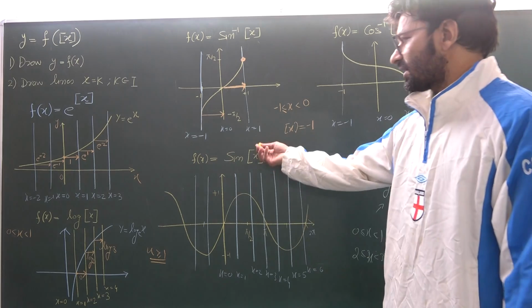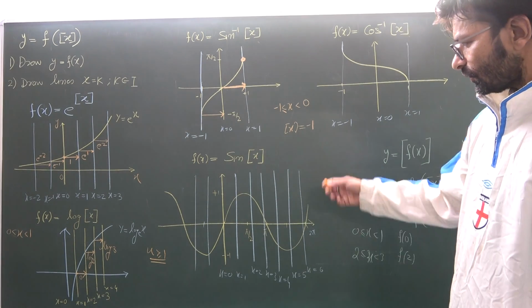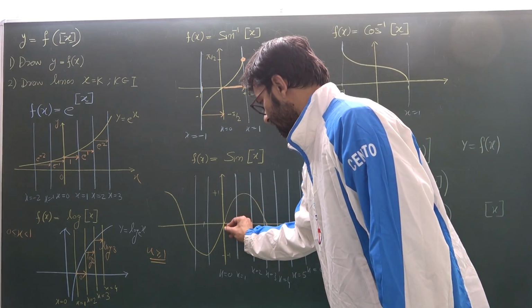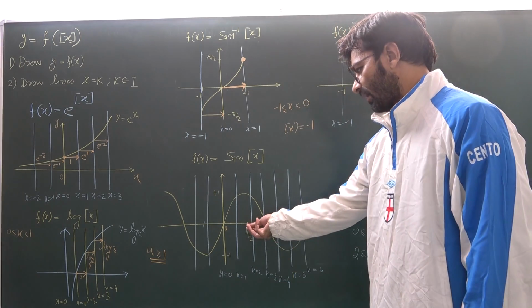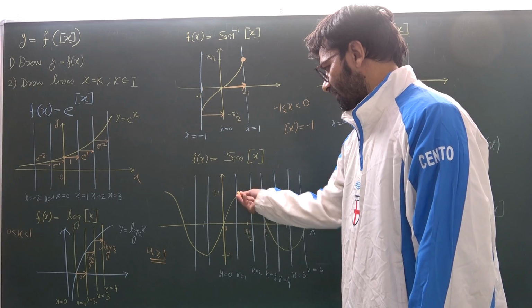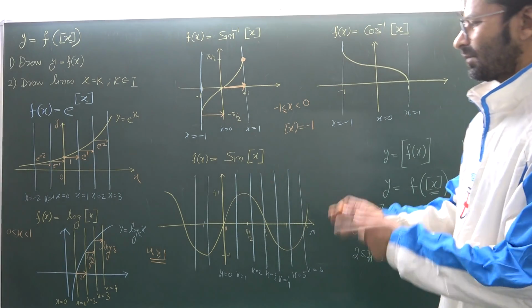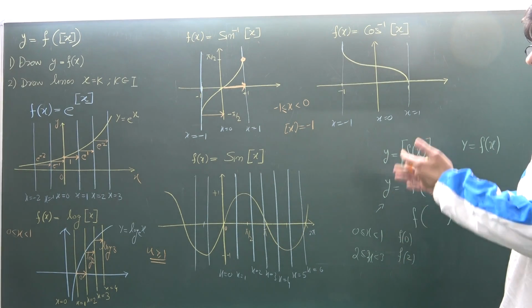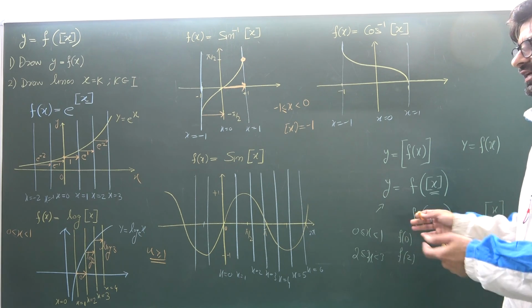Next graph, sine of greatest integer of x. Again, this is the x-axis, y-axis, this is 0, this is pi by 2, pi. At x equals 1, the graph intersects at this point, then x equals 2. Basically, we have drawn sine x and then lines perpendicular to the x-axis at integer intervals.